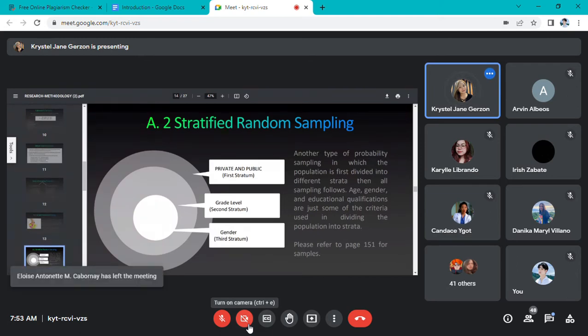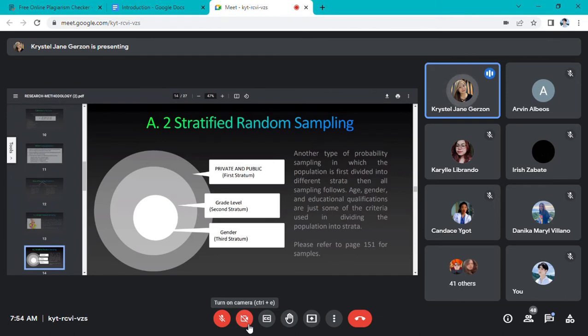So that's what stratified random sampling is used for. Although your selection is random, you still want to cover almost all aspects of them, or you want your respondents to be heterogeneous, so that it is not the case that 90% of your respondents come from STEM or 90% come from ABM.